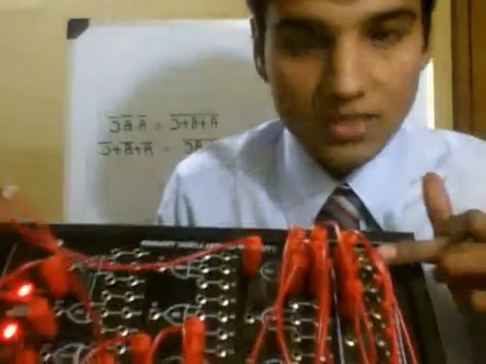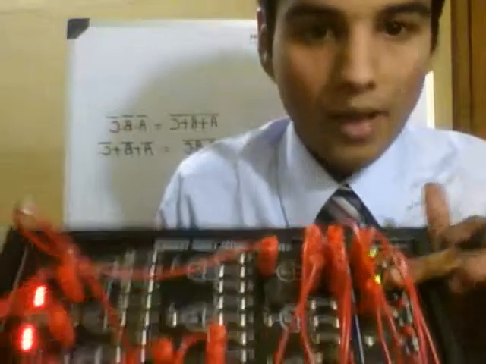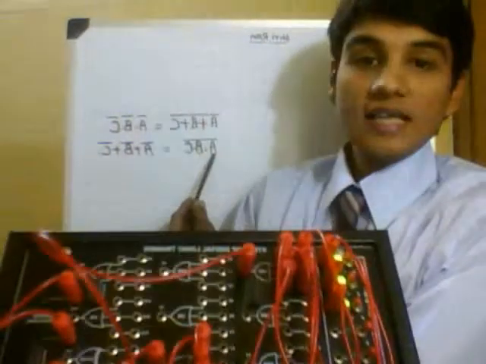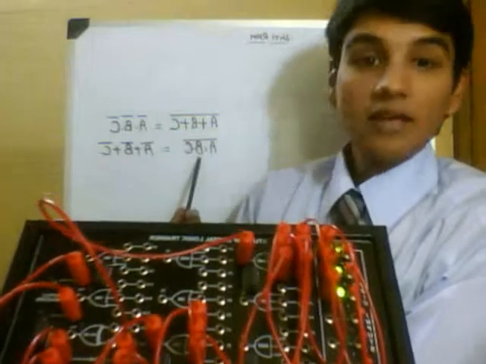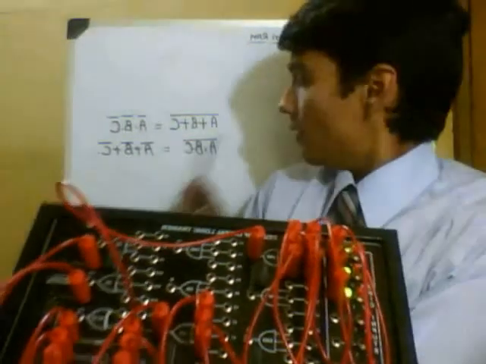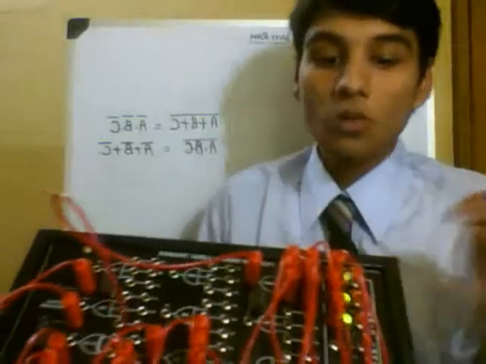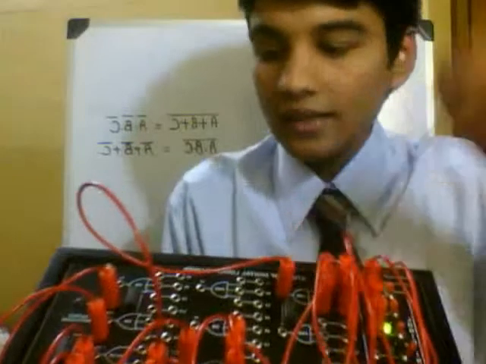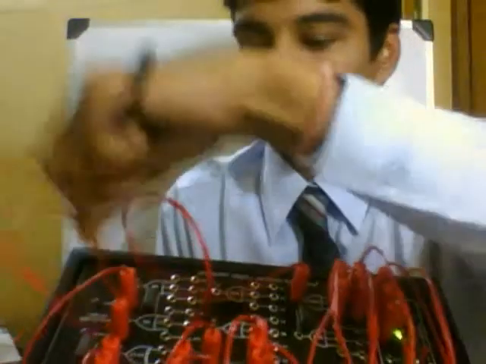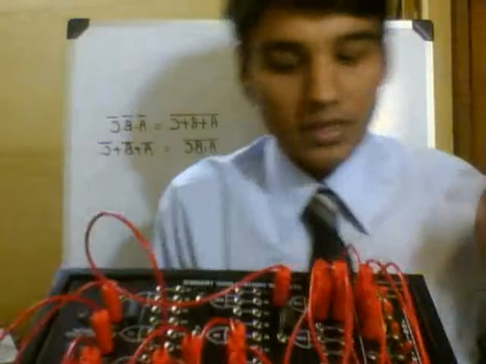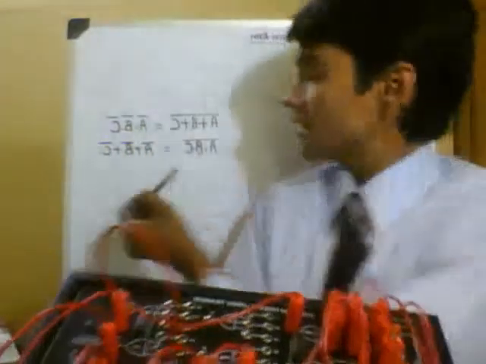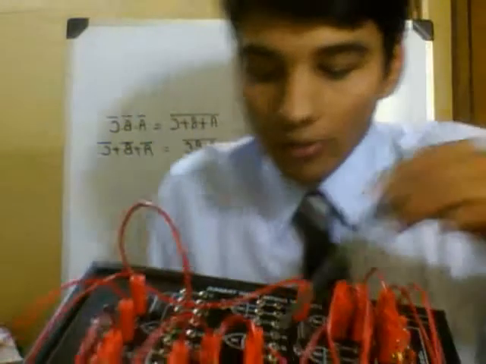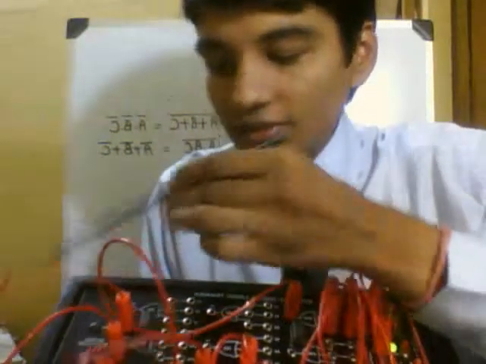Switching these switches to 1 1 1 will give output 0, because 1 dot 1 is 1, 1 dot 1 is 1, and the whole negation will give you 0. So the output of the AND gate side is 0, which is fed over here. Now considering the output of the OR gate, which is the right hand side from your side and left hand side from my side, the OR gate's output is going over this one.